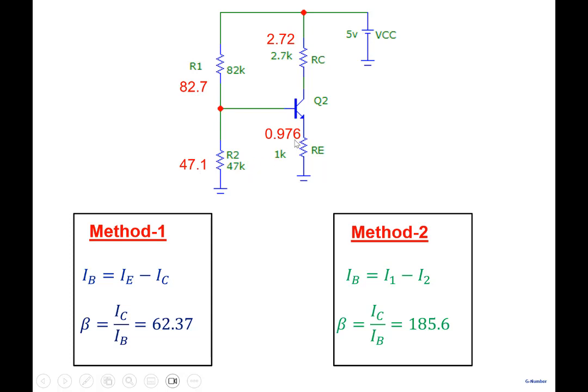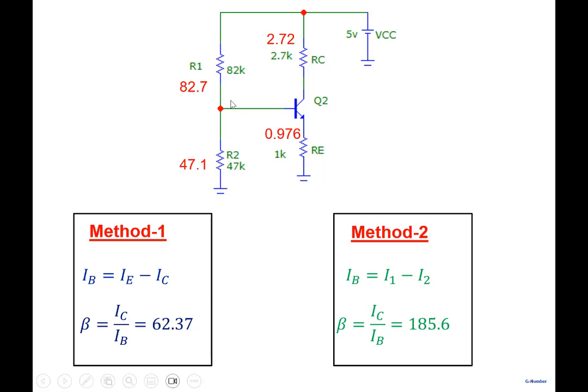This came out to be 0.976. This was 2.72, different from the values here. Now I apply method 1, I get a gain of 62.37. It's no longer negative, because at least I've tried to reduce one of the sources of error, which was that I didn't take the value as it was. It is a measured value, but the measured value will also have errors in it.